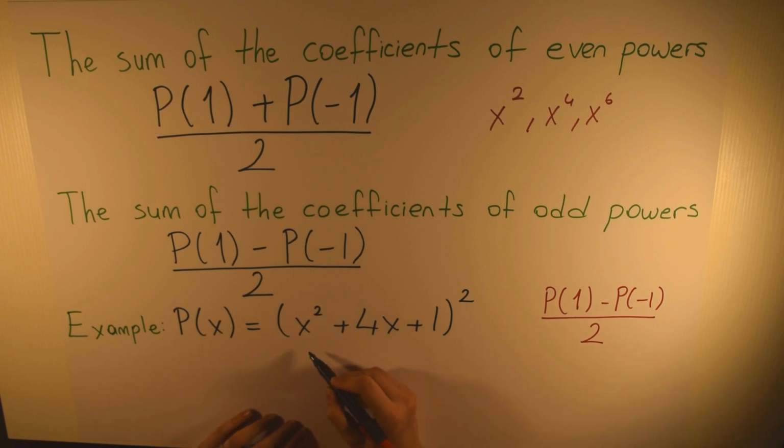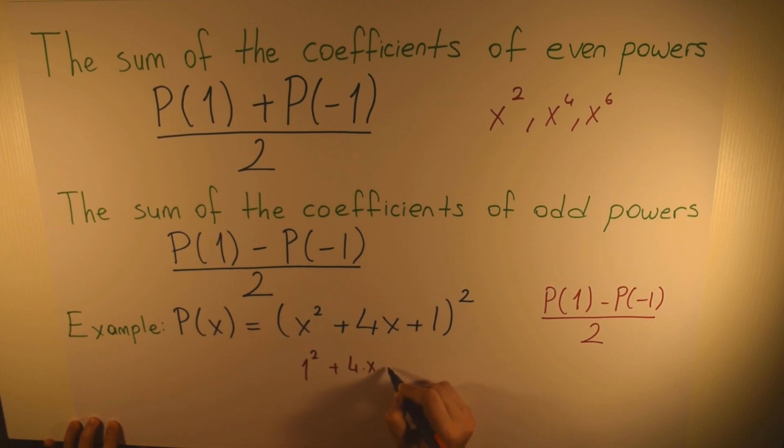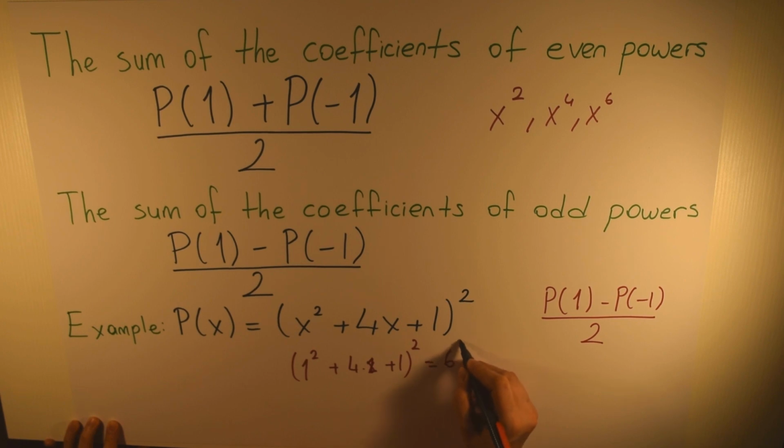Instead of x, we put 1. Here we get 1 squared plus 4 times 1 plus 1, to the power of 2. This is 1 plus 4, it's 5, plus 1, it's 6, 6 to the power of 2, it's equal to 36.